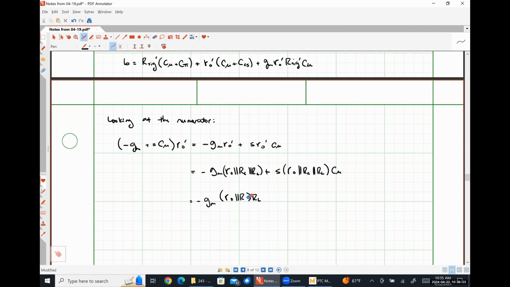Let me make sure that the RC looks like an RC so I don't accidentally mansplain algebra again. All right, are we okay to this point?